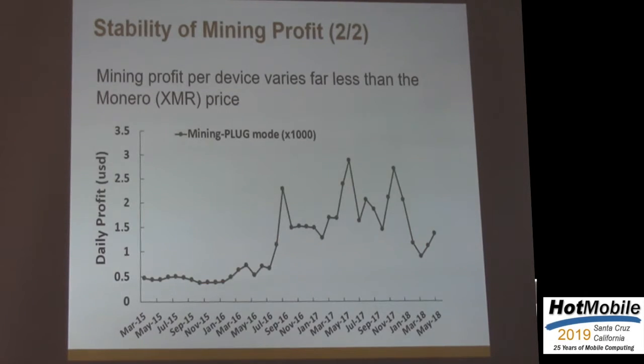This shows the estimated mining profit per device over a 3-year period when the device is run in mining plug mode. We can see that the mining profit per device varies, but it varies far less than the changes of the Monero price.